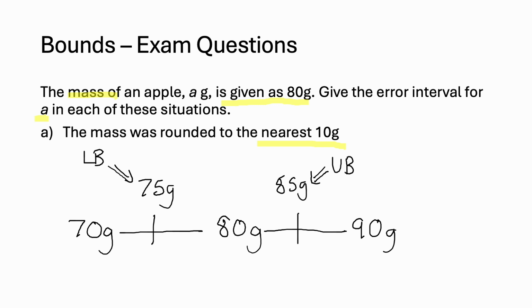So, therefore, in error intervals, our number has to be, to the nearest 10 grams, equal to or more than 75 grams. So A, but it has to be less than 85 grams.